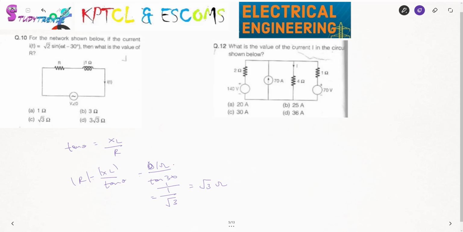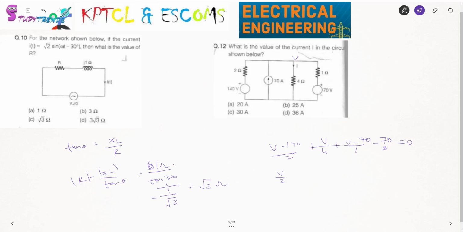So what is the value of current I in the circuit shown below? I is here. So how to do this problem? Let's do it by using KCL. Let the voltage be V. So V minus 140 by 2 plus V by 4 plus V minus 70 by 1 is equal to 0.